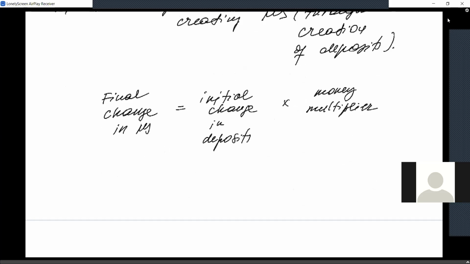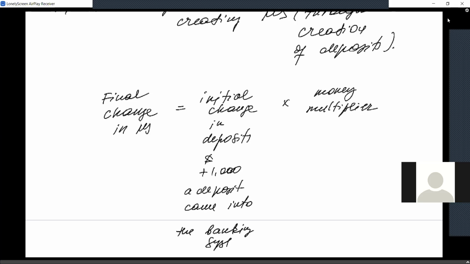So in our example, the banking system saw an inflow of a deposit. A deposit came into the banking system. That's why I put a plus. A deposit came in. There is more money in the banking system.